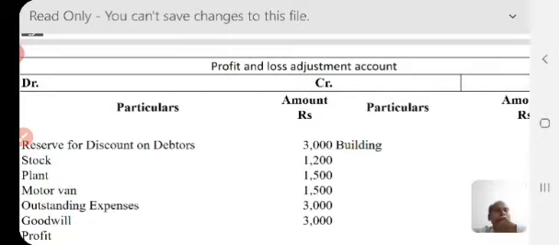So, to prepare profit and loss adjustment accounts, if assets are decreased and liabilities are increased, they must be shown at the debit side.